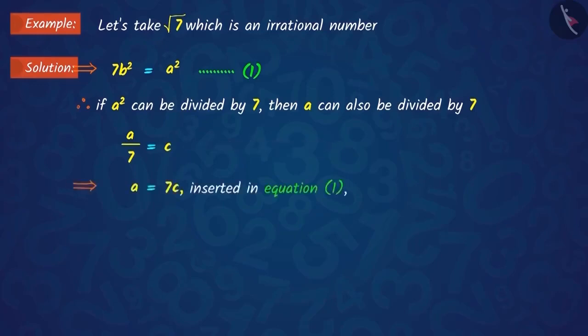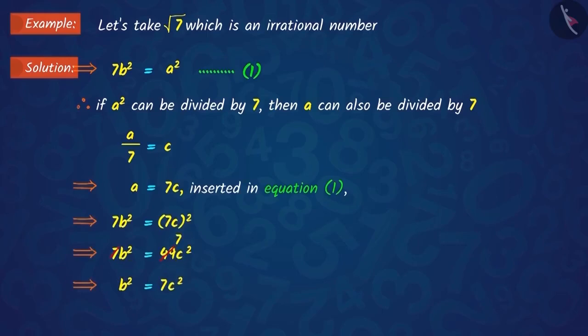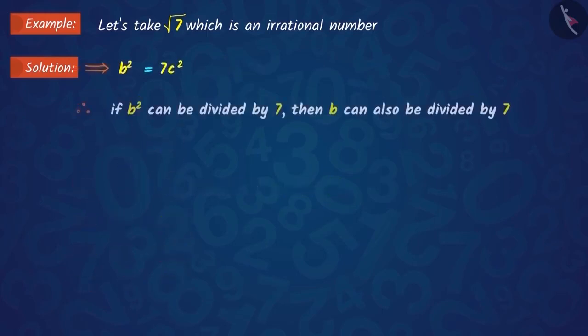Putting the value of a in equation 1 and solving, we get b square is equal to 7c square. This shows that 7 divides b square. Then 7 will also divide b.